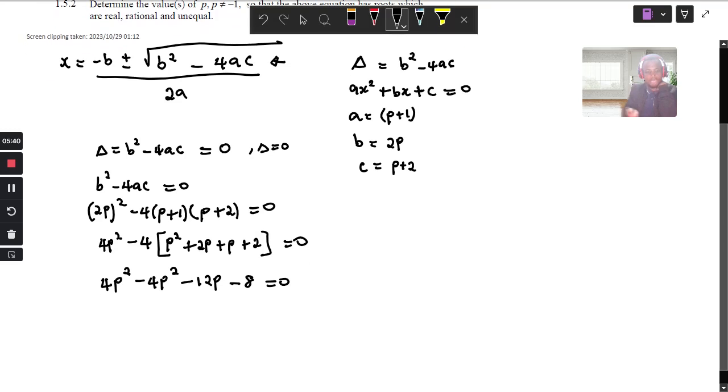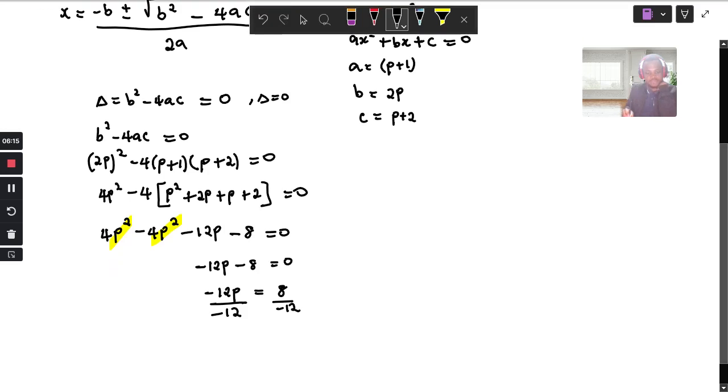From here, you see that these two cancel. So we are left with −12p − 8 = 0. That means −12p = 8, and then we divide by −12 on both sides.